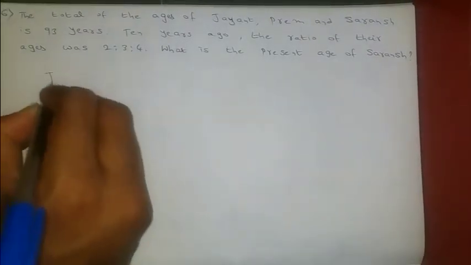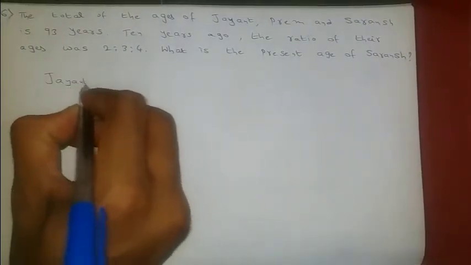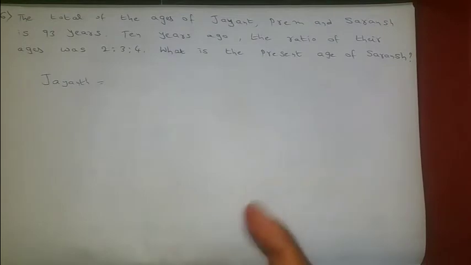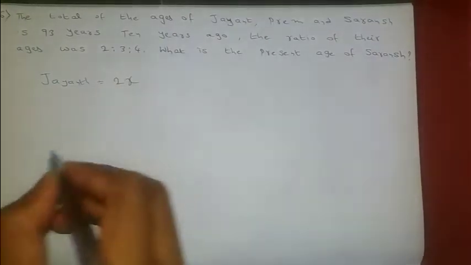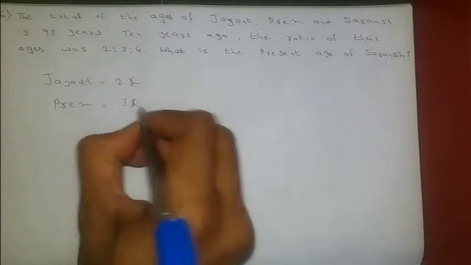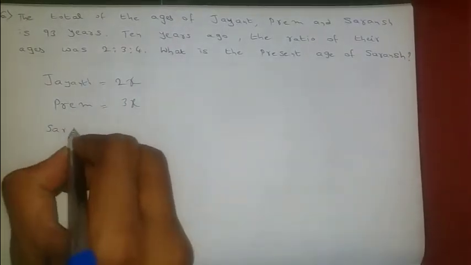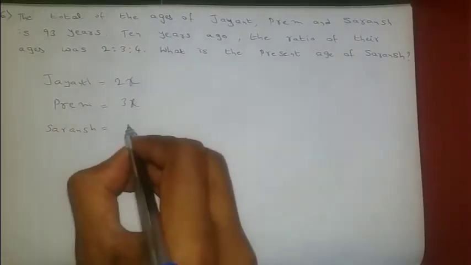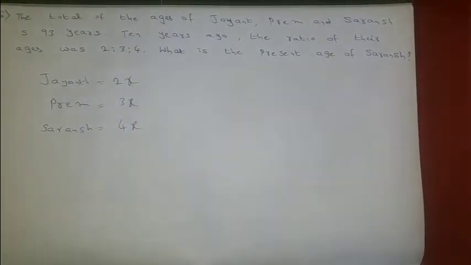So Jayant's age 10 years ago is 2x, and Prem's age 10 years ago is 3x, and Saransh's age 10 years ago is 4x. So 2x, 3x and 4x.